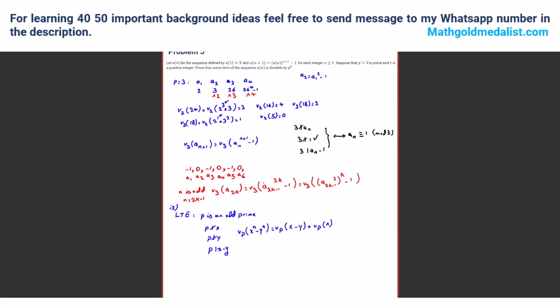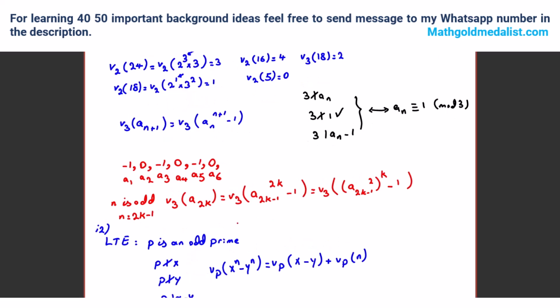So because x squared is, x is 1 mod 3, so x minus 1 is a multiple of 3, and this one is a non-multiple of 3, this one is a non-multiple of 3. And we can use what? We can use LTE. So if we use LTE, it would be what? Let's write. It is equal to v3 of a 2k minus 1 squared minus 1 plus v3 of k.